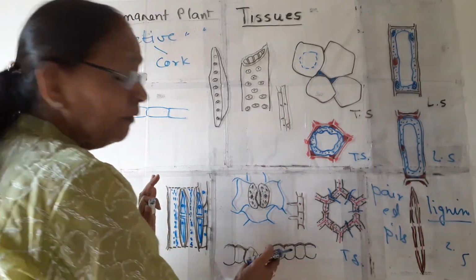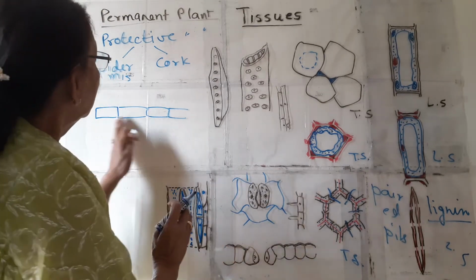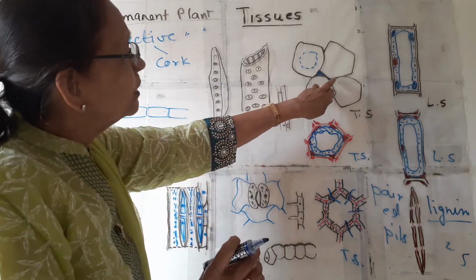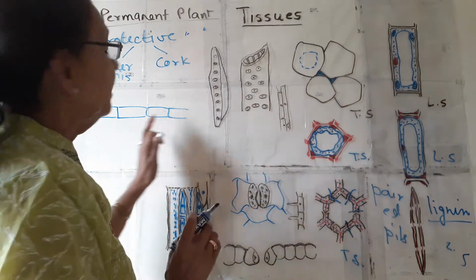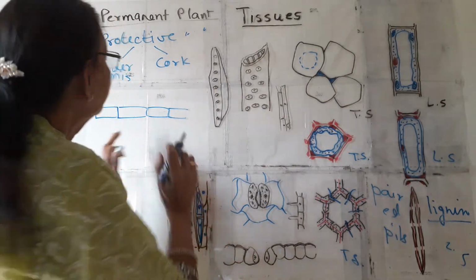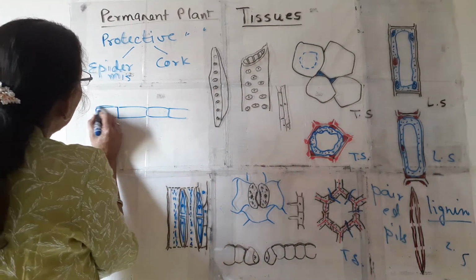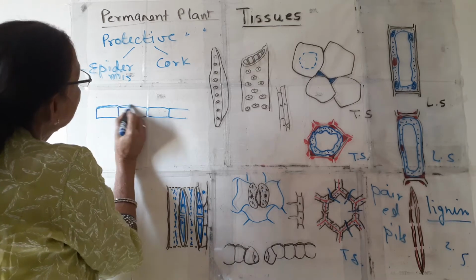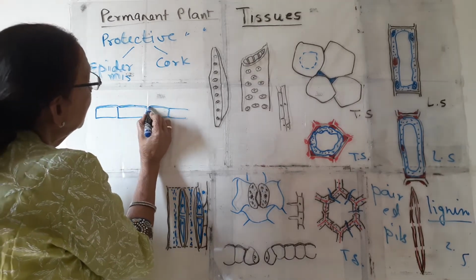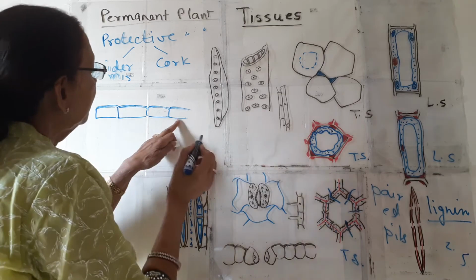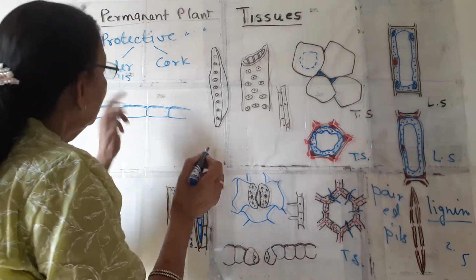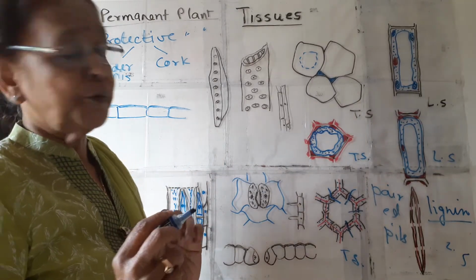All are joined one after the other like a chain. There is no intercellular space like this in epidermis. The other thing is the outer wall. It is thickened compared to the inner wall. This is the inner wall. It is thin in comparison to the outer wall.